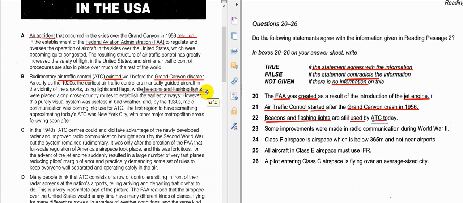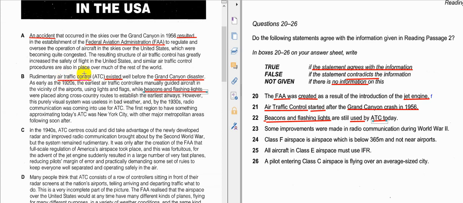Okay, so one keyword down. Let's read the whole sentence. While beacons and flashing lights were placed along cross-country routes to establish the earliest airways. Now, we don't really get any other keywords in that same sentence.